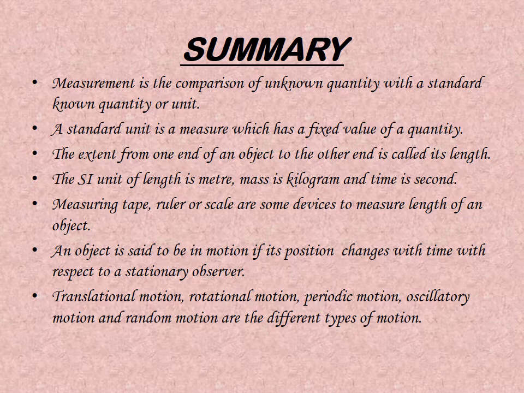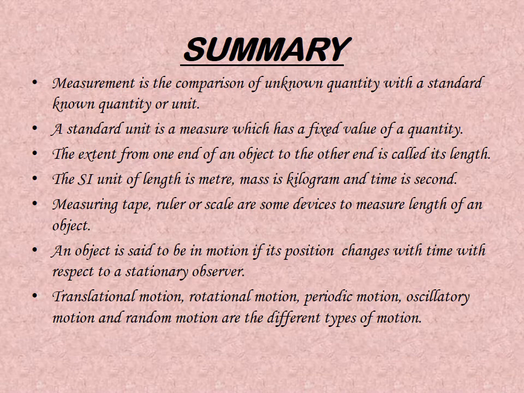So, here is a quick summary of this chapter. Measurement is the comparison of unknown quantities with a standard unit or quantity. A standard unit is a measure which has a fixed value of a quantity.